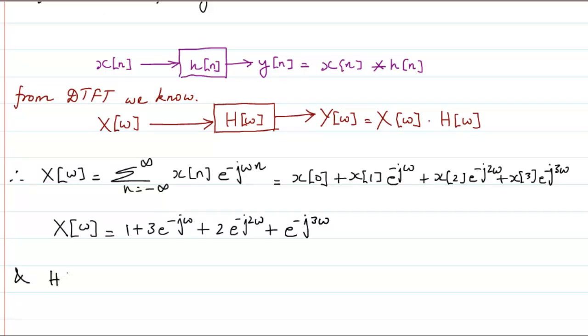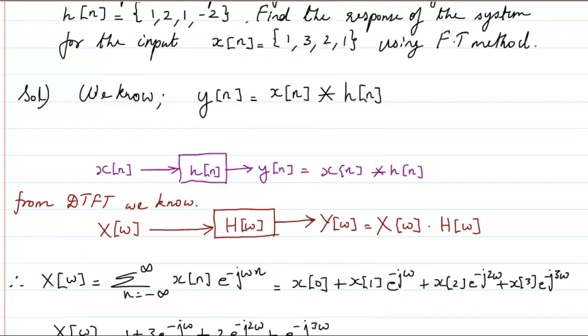Capital H of omega is going to be summation n equal to minus infinity to infinity of h of n e raised to power minus j omega n. Now instead of expanding, I will straight away write it, because it starts from n equal to 0.